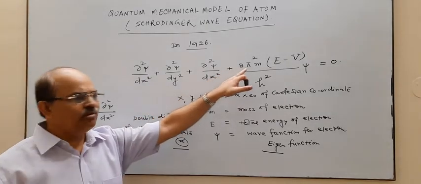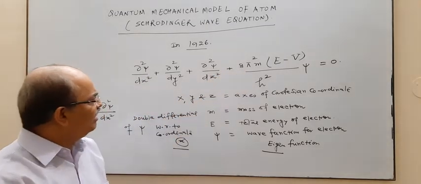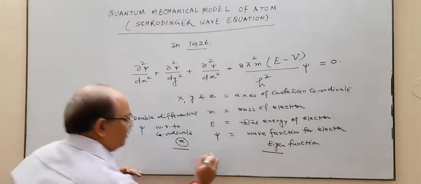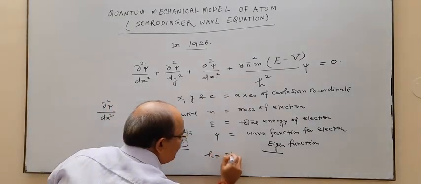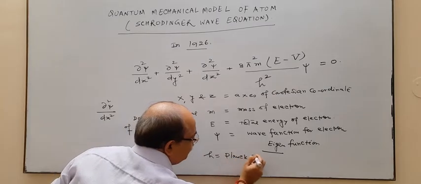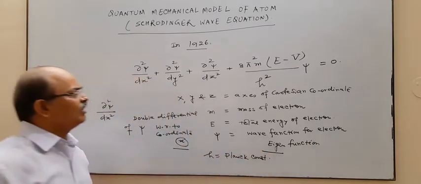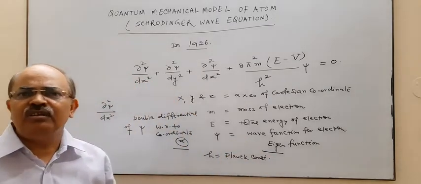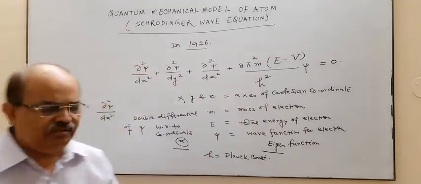And pi, you know, is 22 by 7, and h is the Planck constant. So this is basically the Schrodinger equation.